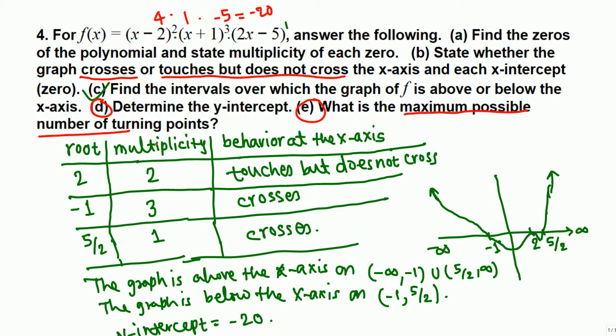What is the degree of this polynomial? 2 plus 3 plus 1, 6. The degree is 6, so this graph could have 6 minus 1, 5 turning points. So the maximum possible is 5. Though it has only 3, the maximum possible was 5. For any 6th degree polynomial, it can have at most 5 turning points.